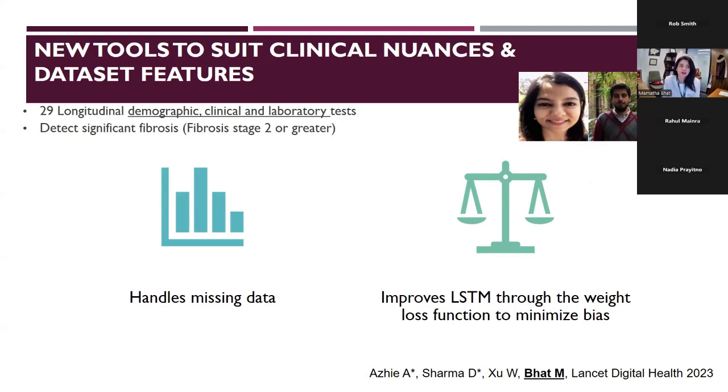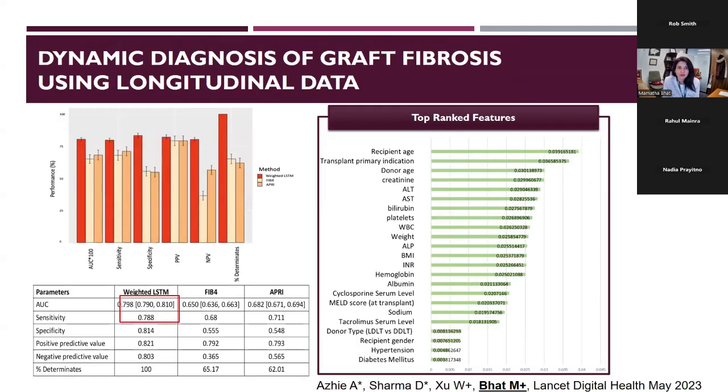She trained on 29 longitudinal clinical and laboratory tests. And with this particular method, the weighted LSTM, she was better able to handle missing data and incorporate a weight loss function to minimize bias. And so with this, it was possible to dynamically diagnose graft fibrosis, leveraging the longitudinal data with an AUC of 0.798. And these were the top ranked features for the overall population, including recipient age, primary indication for transplant, and donor age.